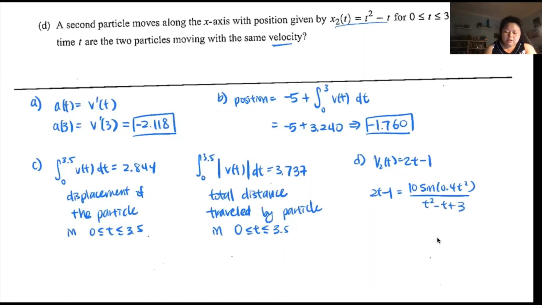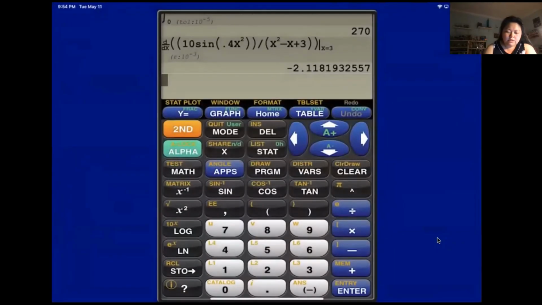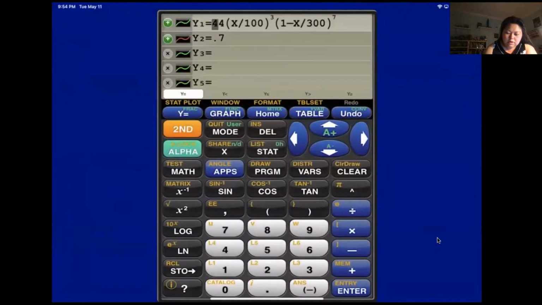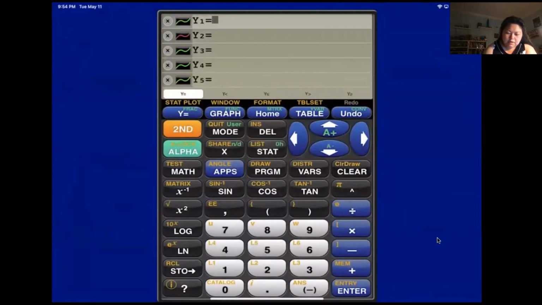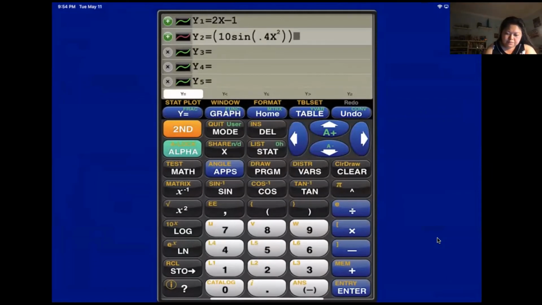So yes, use a calculator and I will graph both functions. All right, so go to y equals, go up and clean all this up. All right, so the first equation was 2t minus 1, beautiful. The second equation was parentheses 10 sine of 0.4 t squared divided by t squared minus t plus 3.